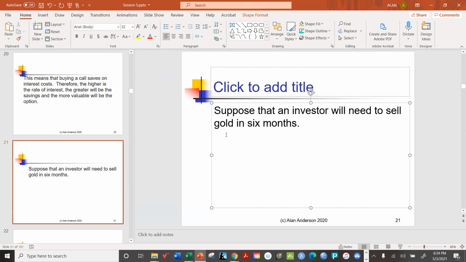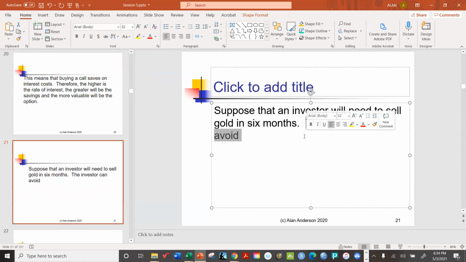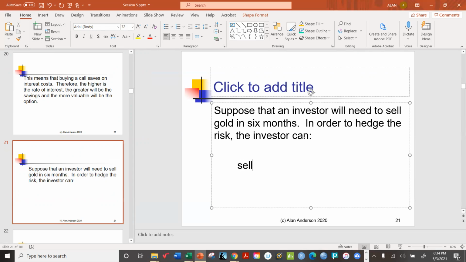In order to hedge the risk, the investor can sell gold today and invest the proceeds. Or number two, buy a put.